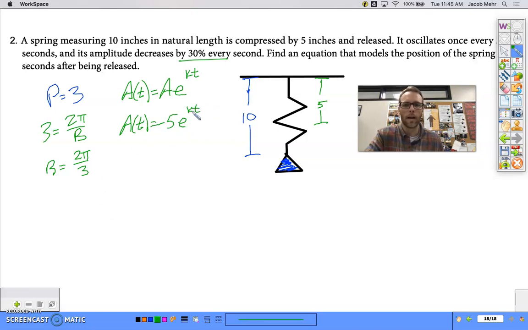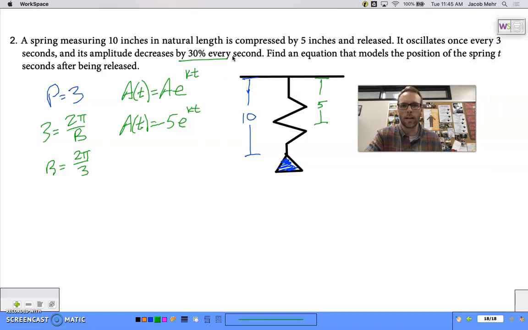There we go. All right, now what is that constant k? Well, we know that it needs to decrease by 30% every second. And that's where it gets a little bit tricky to solve for the k. We know t is going to be 1. But what is the amplitude then at 1 second?